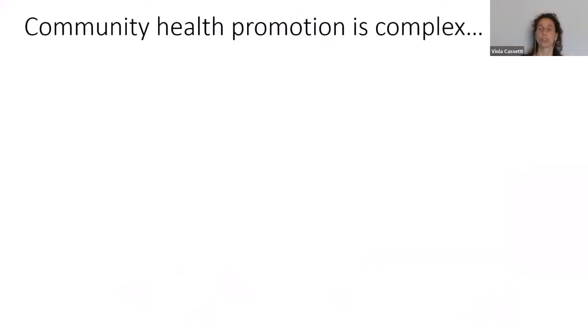So going towards conclusion and leaving a few minutes for the Q&A session as well, one of the main learning points that I hope you can take away from this presentation is that community health is complex. By complex, we mean something that is non-linear, so you can't predict it, and it's quite flexible because it adapts.